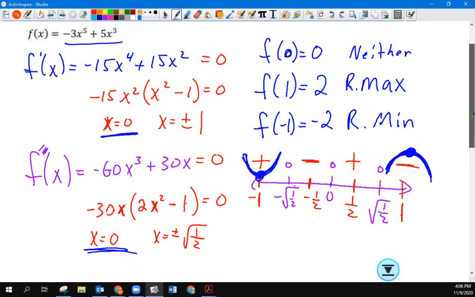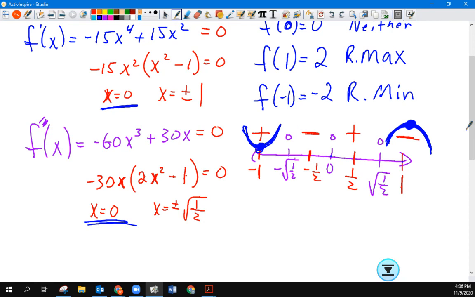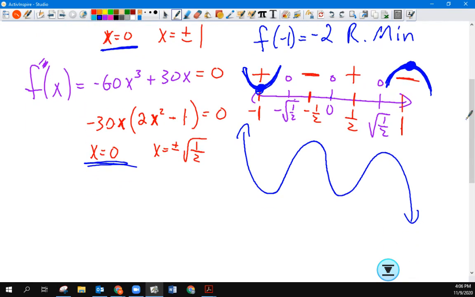And if you looked at this function, basically the function would look something like this. Go like that, then it comes like this, and then goes like this, and then down like that. It's a 5th power polynomial, right? But since we know that that middle part is neither, it's got to look like this.